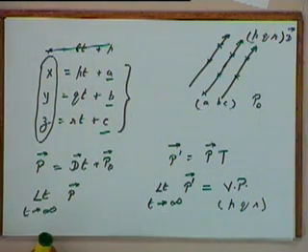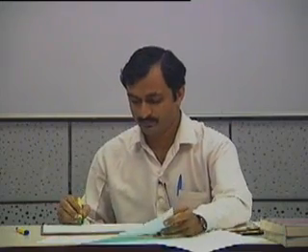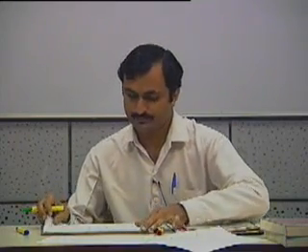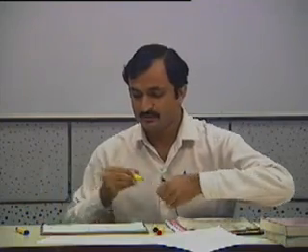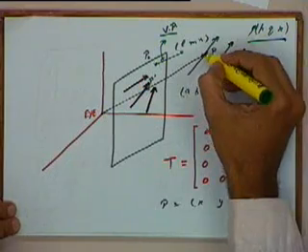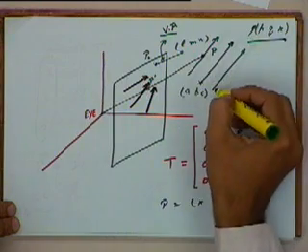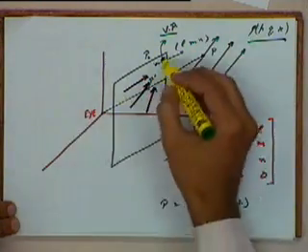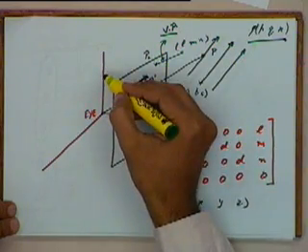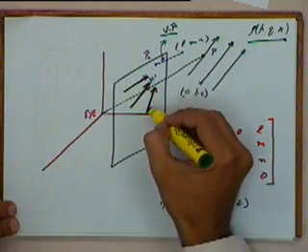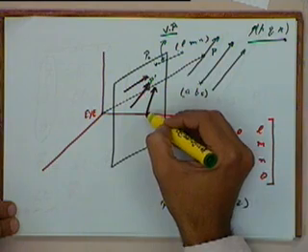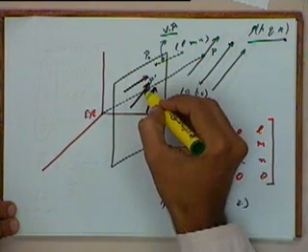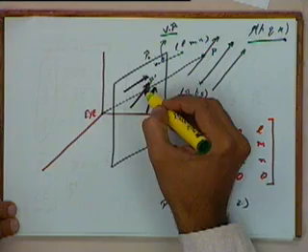Okay. So what is P prime in the initial family of lines? See, my point P is any arbitrary point on this family of lines. I am projecting these onto this projecting plane. I will get a family of lines like this. So this point P will correspond to some point P prime over here.